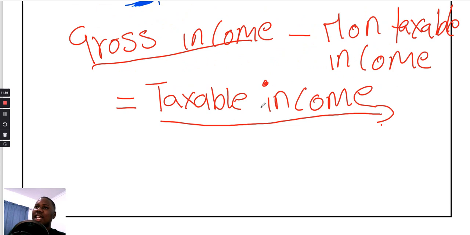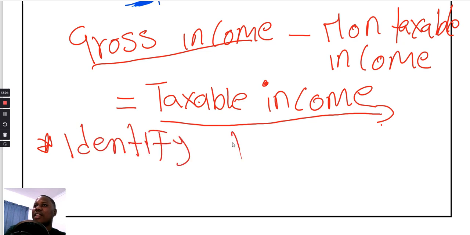Right, moving forward now, this taxable income that you have now, how do we then calculate the income tax with it? Okay, so we are going to use the taxable income to identify the tax bracket.